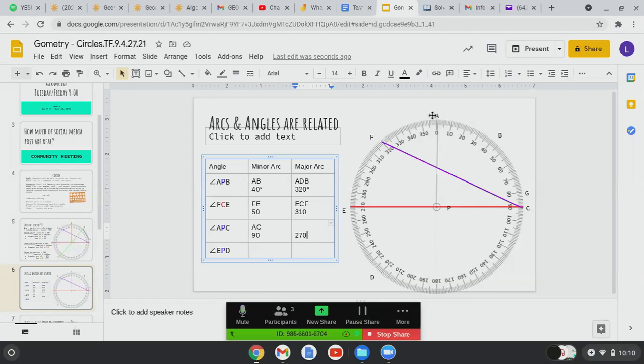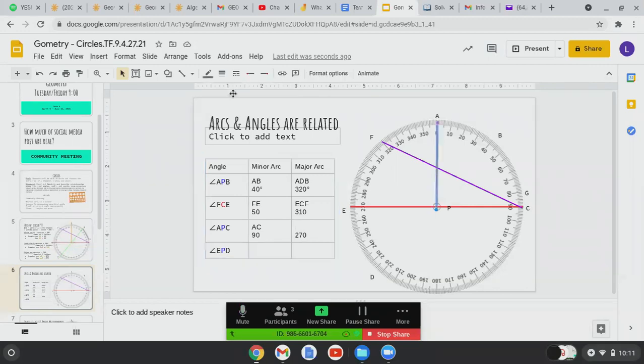Where are you going to start? And remember, name it in 3 letters so I know what direction you're looking. Ty, you can jump in on the major arc. AEC. AEC, absolutely.